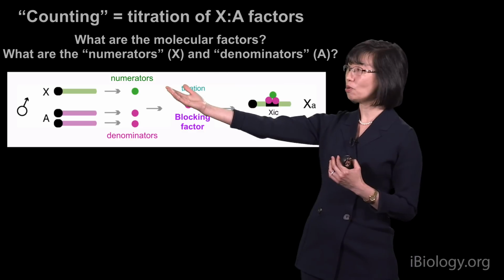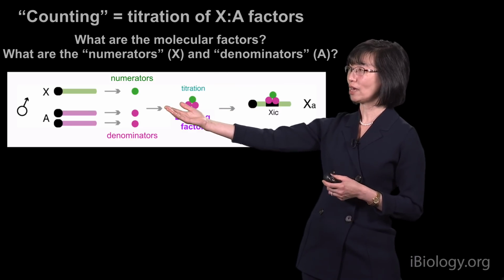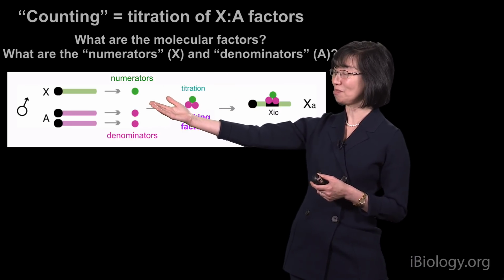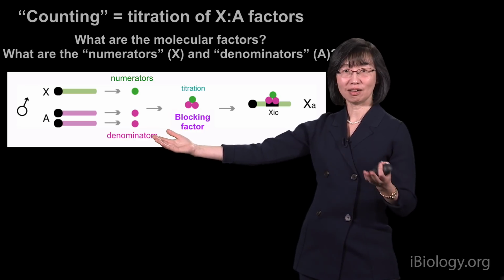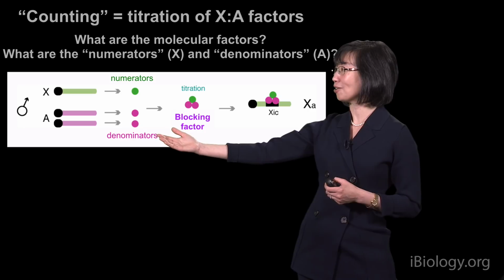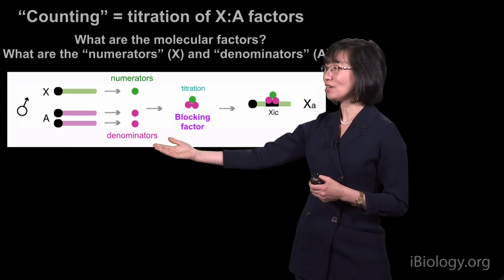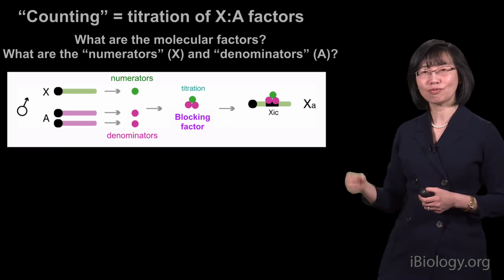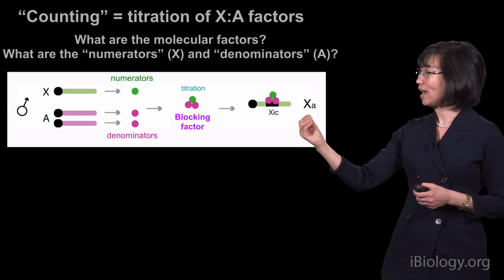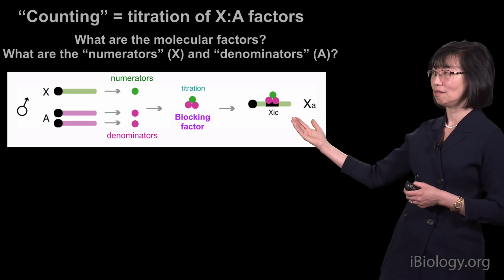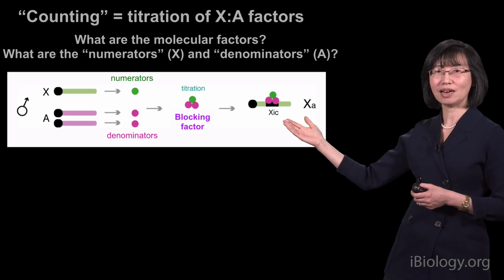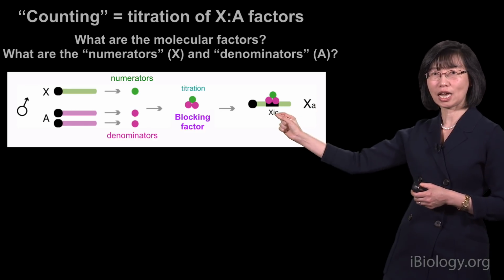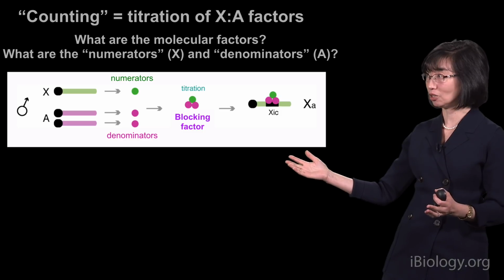We mentioned that the numerators are produced from the X chromosome in the form of this green blob, and the autosomes also produce their own factors. We call them denominators, and then the red and green factors will titrate each other out and form a blocking factor that then sits on one X chromosome at the inactivation center and prevents that inactivation center from initiating the cascade of inactivation.